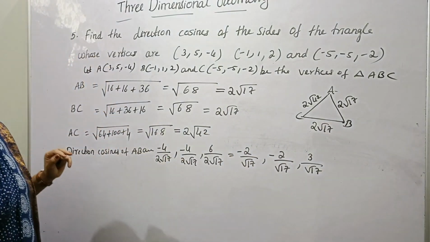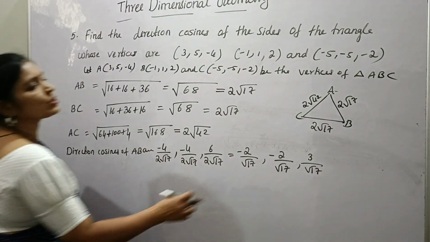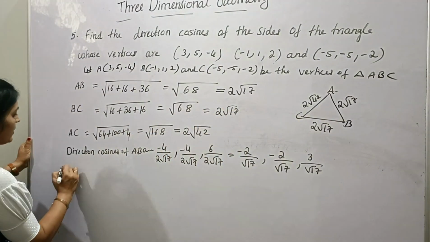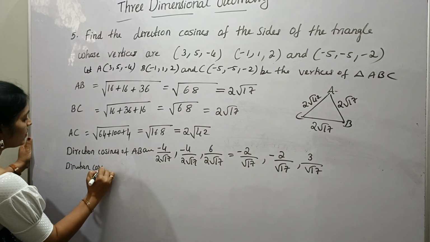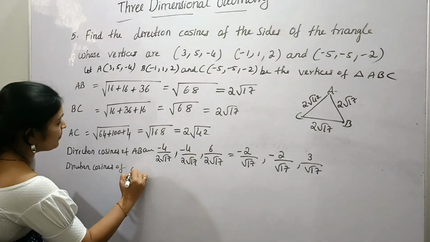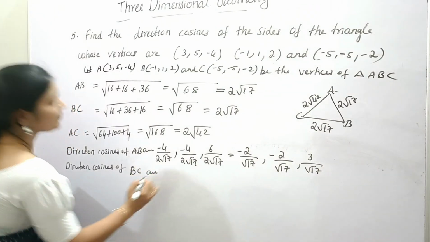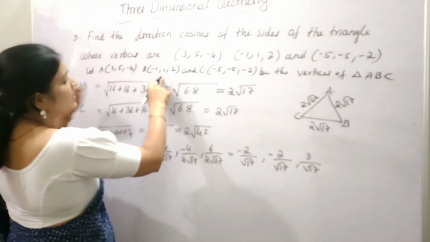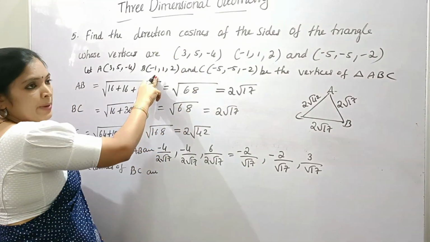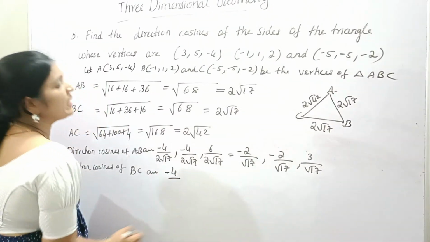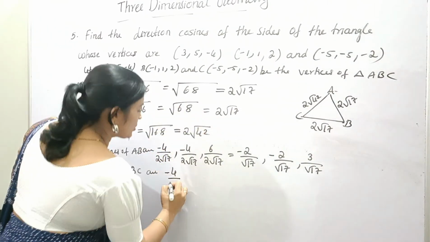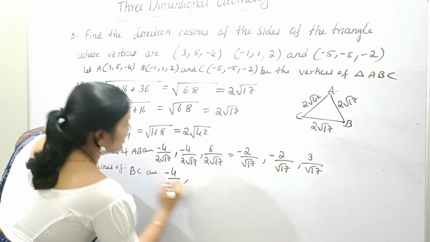Next we will find the direction cosines of side BC. These are the points. Minus 5 minus 1, that is minus 4, divided by the length of BC, 2 root 17.